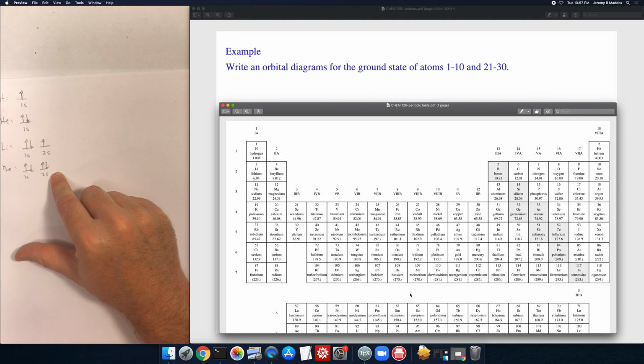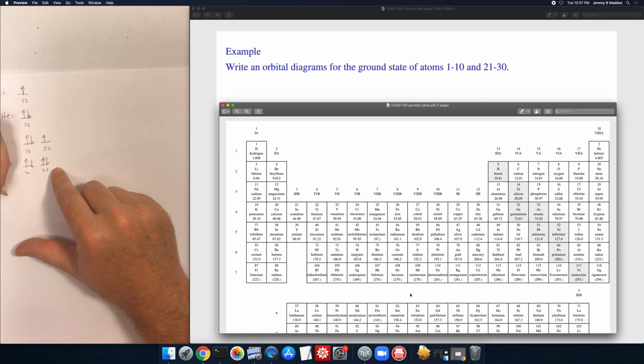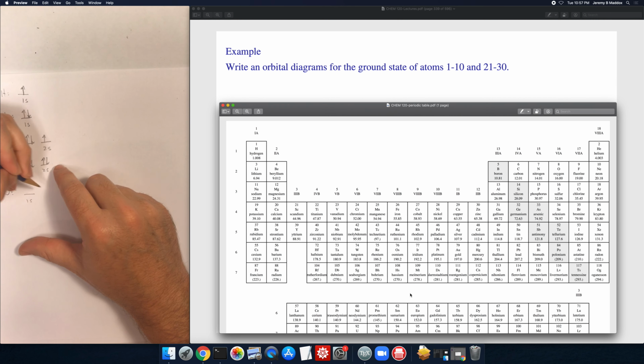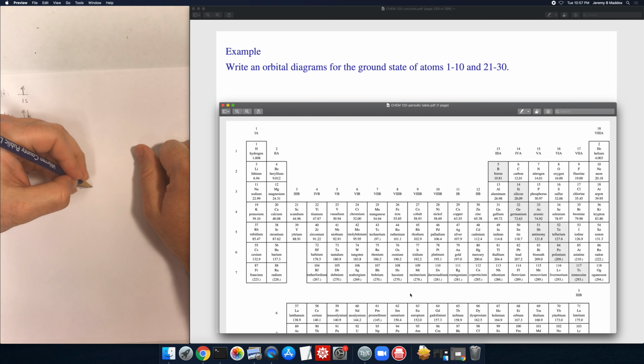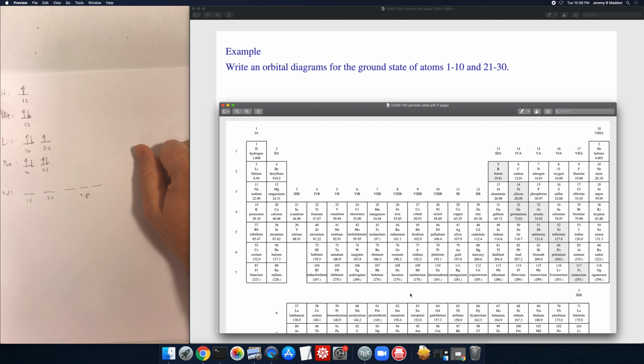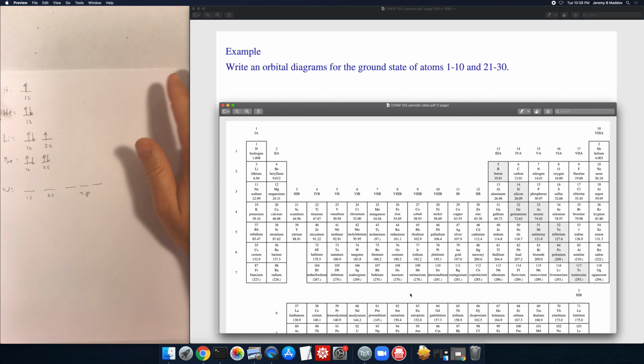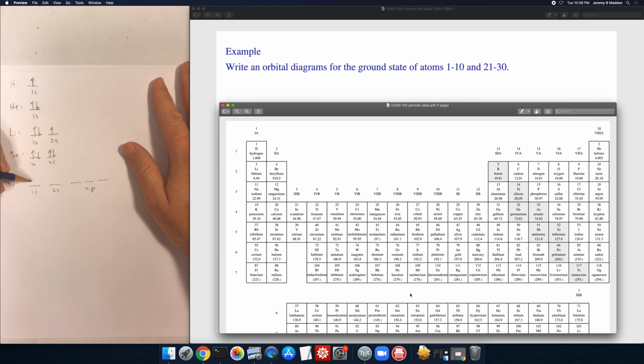Let's do nitrogen to illustrate Hund's rules. Here, Hund's rules need to be utilized because we are going to have a partially filled subshell. So nitrogen has 7 electrons. Let's put them in the proper way according to Hund's rules. So 1, 2, 3, 4, 5, 6, 7.